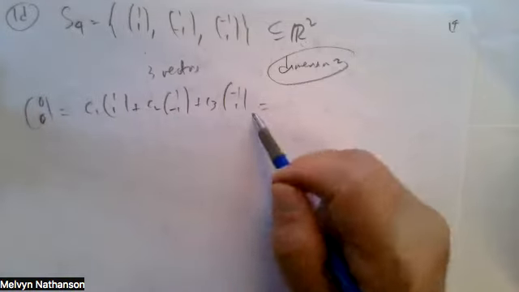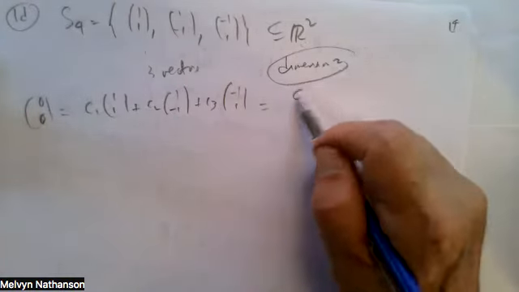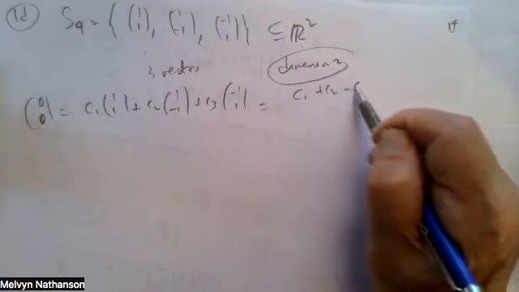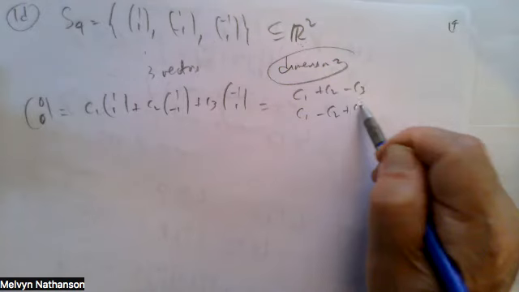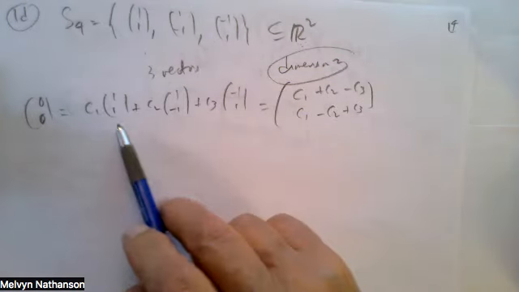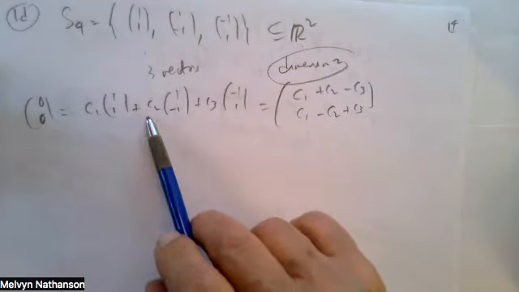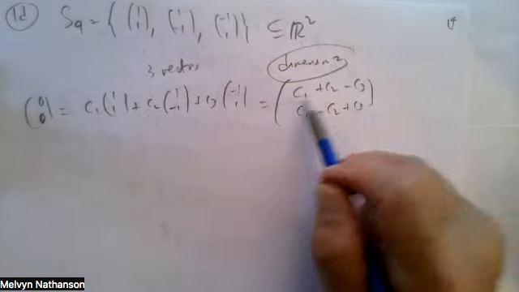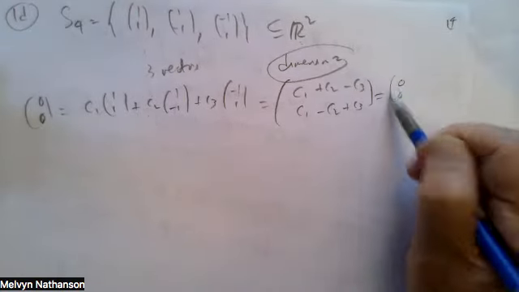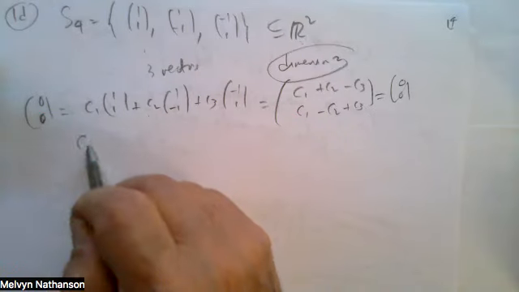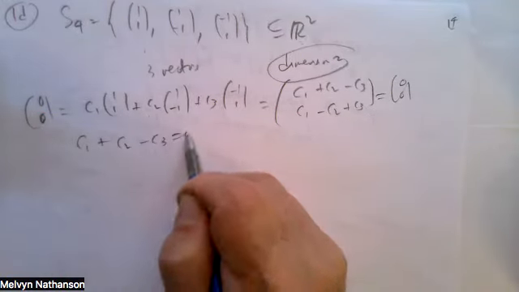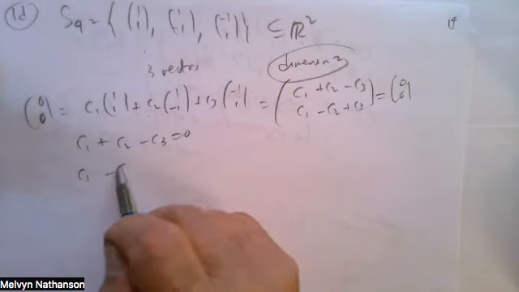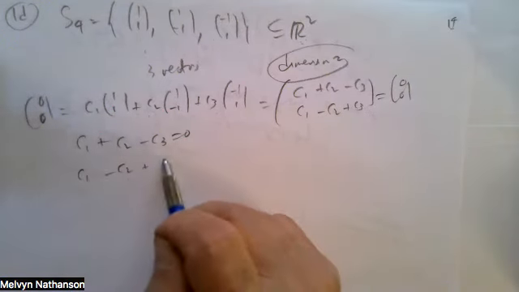If I calculate this linear combination, this is (C1 + C2 - C3, C1 - C2 + C3). So the scalars C1, C2, C3 have to satisfy C1 + C2 - C3 = 0 and C1 - C2 + C3 = 0.